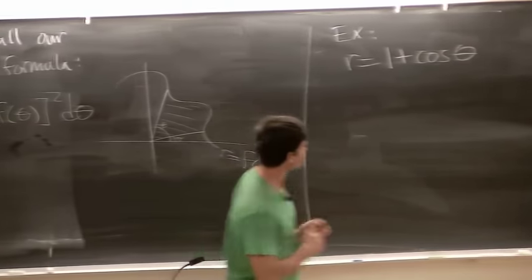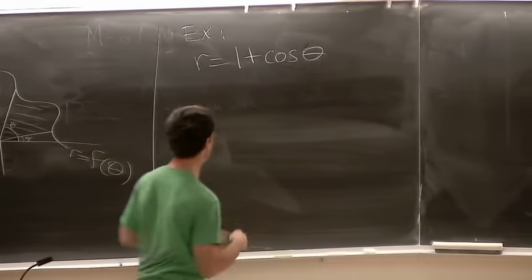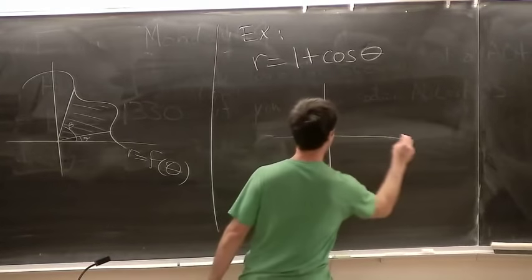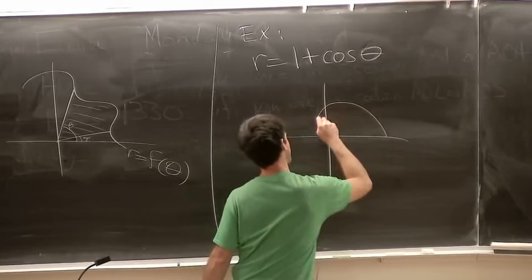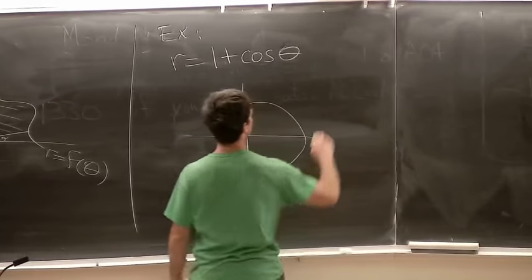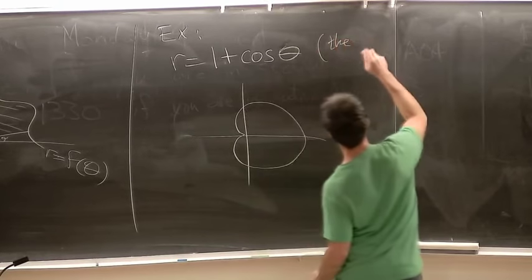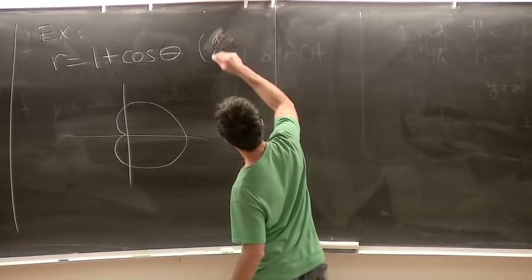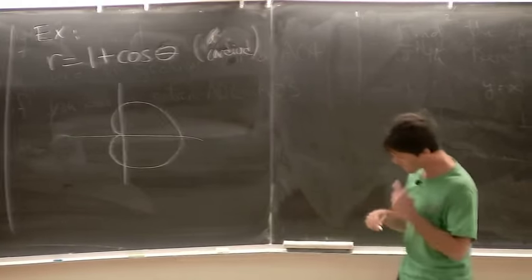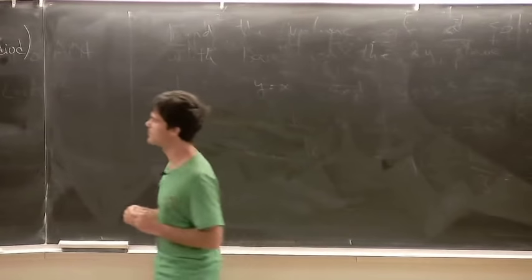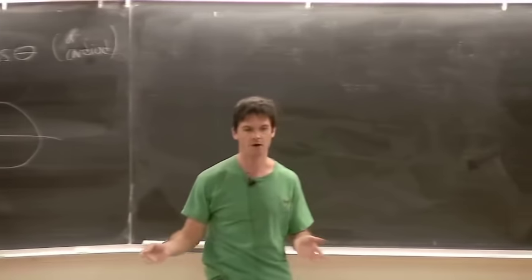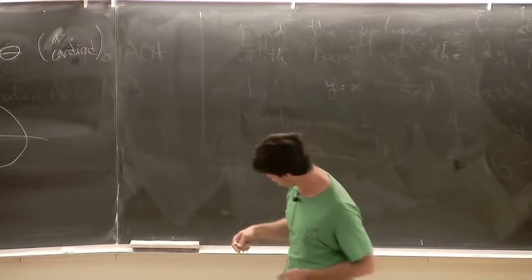This was a shape that looked like this, the cardioid. When I was first talking about this shape, it was in the context of figuring out what a polar graph looks like.